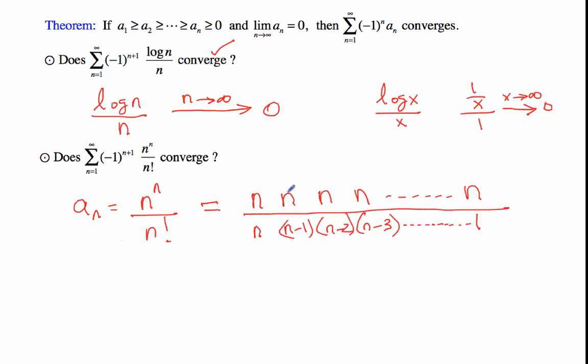Now, obviously, each one of these numbers, n over n minus 1, n over n minus 2, etc., is bigger than 1. So we are multiplying a large number of numbers, each of which is bigger than 1, and so this goes to infinity. Therefore, this series will not converge. Instead, it will diverge.